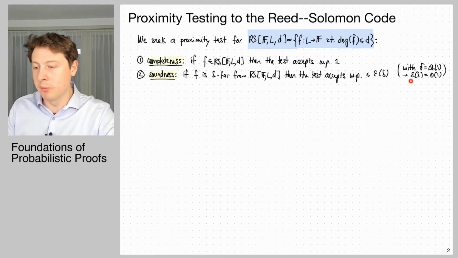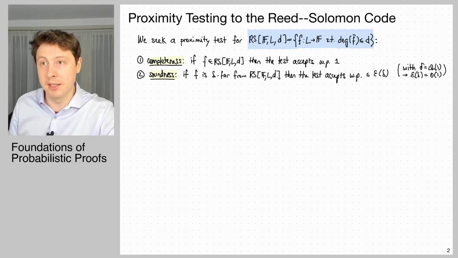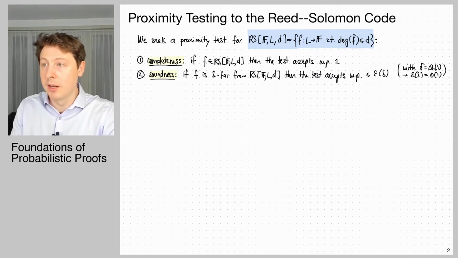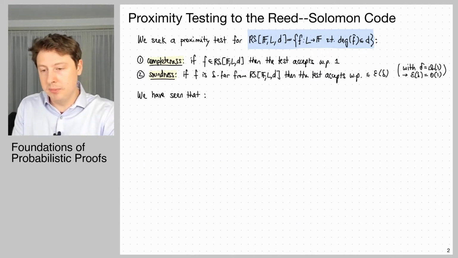This is the regime in which we have been using low degree tests throughout this entire class, including in the analysis of the IOP from last time. We have also come across specifically this code. We didn't call it as such, but we did talk about univariate low degree testing. That was a warm-up to multivariate low degree testing, if you remember.